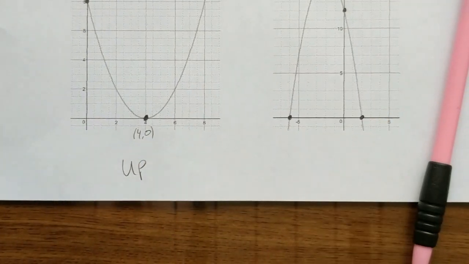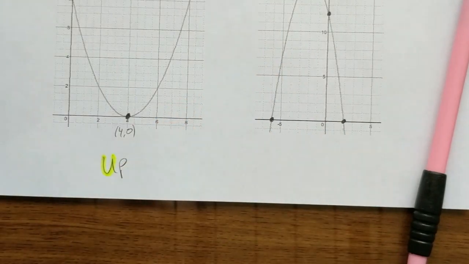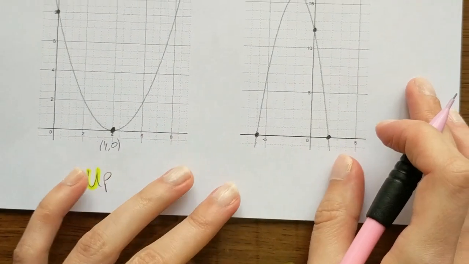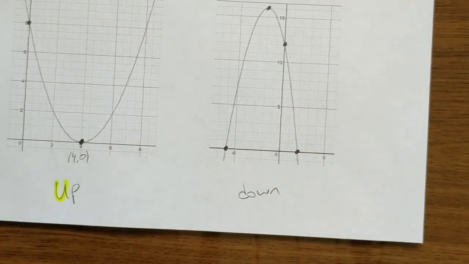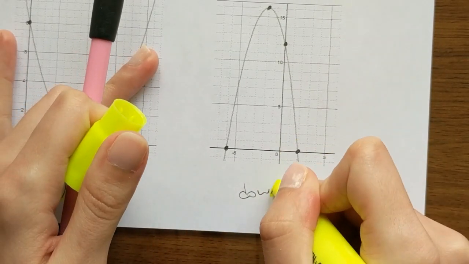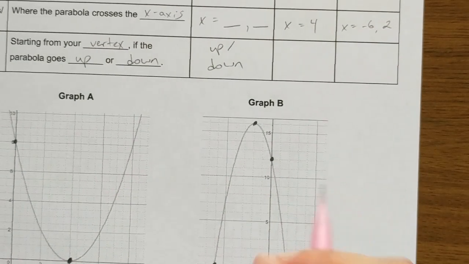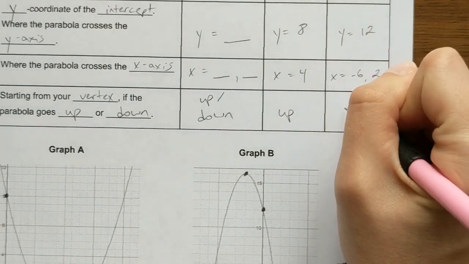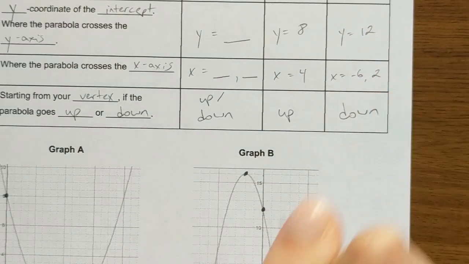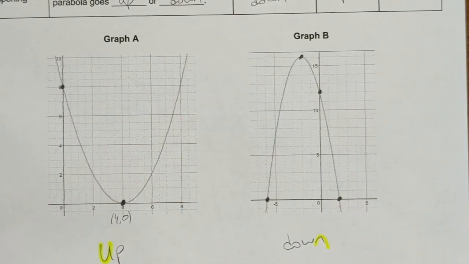I have up, and look, the letter U is the exact same shape of the graph. And over here, my graph goes down, and the N in down looks like the exact same shape of the graph. So we can fill this in. For graph A, it opens up. For graph B, it opens down. Another little peek at our graphs, and that's it.